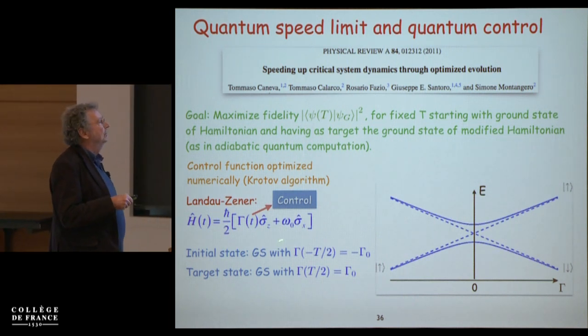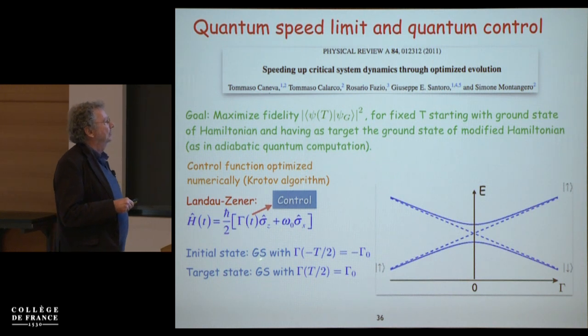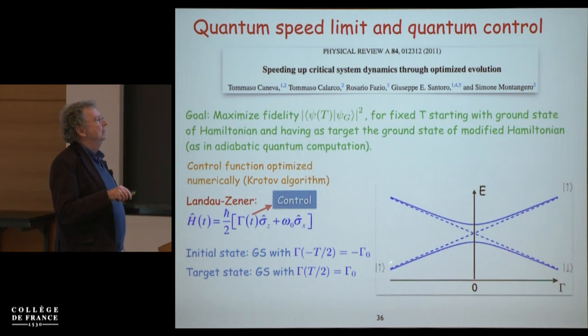What they consider as the problem is to start with the initial state of this Hamiltonian at initial time when gamma is equal to minus gamma 0, so it's negative here. And the target state is the ground state of the Hamiltonian with gamma equal to gamma 0, that is gamma here. Okay? And they want to go from here to here.